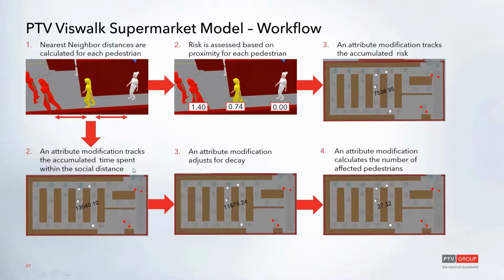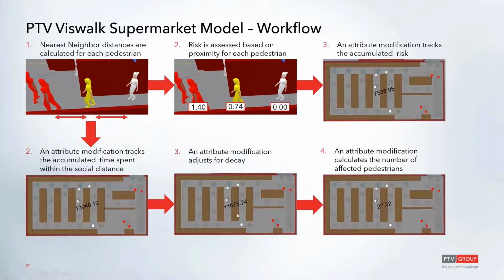The other track we're going to be looking at, beyond the pedestrian risk level, is the time spent within that social distance. So it's going to take that nearest neighbor calculation and pull that information out. And every time step that this yellow person is within 2 meters, they're going to be adding to that time. And so the attribute modification is going to be adding that to the store total time.